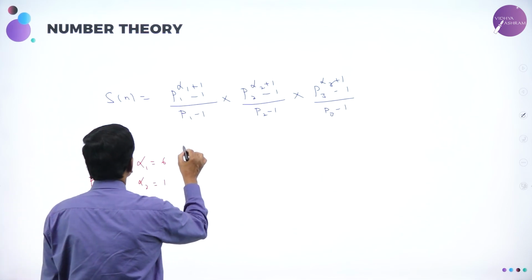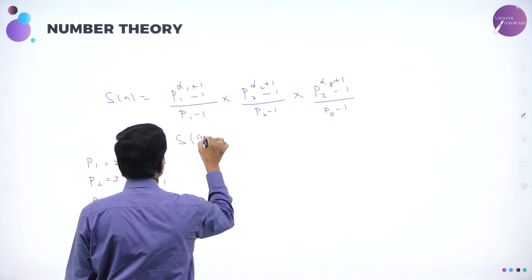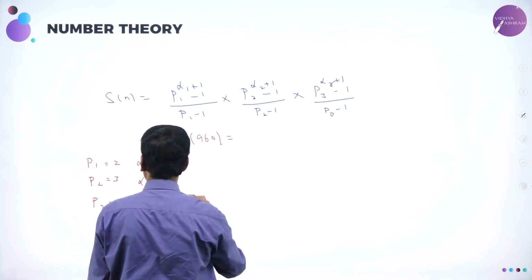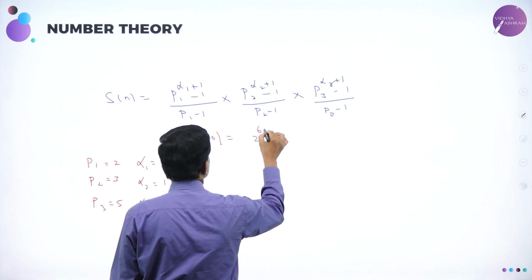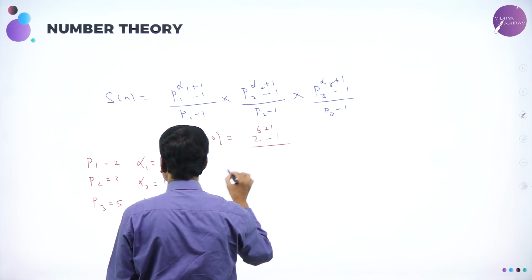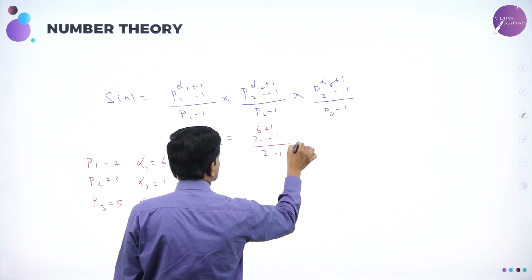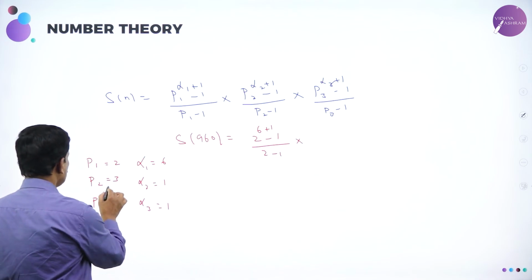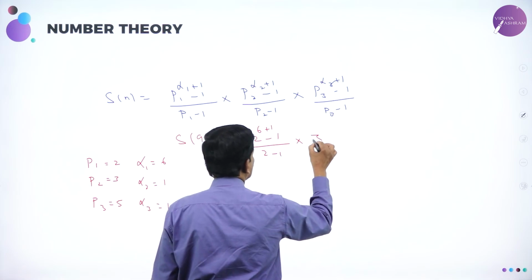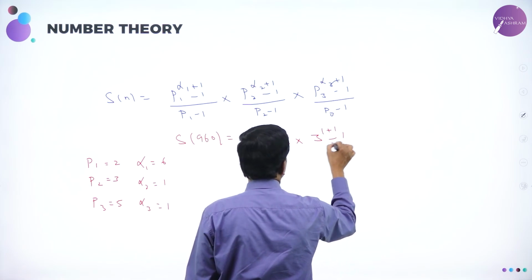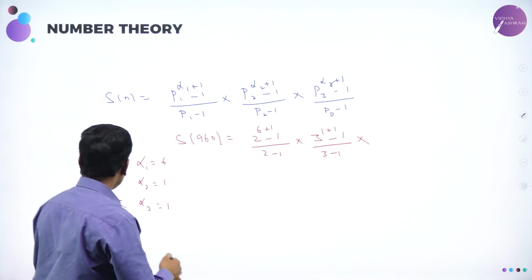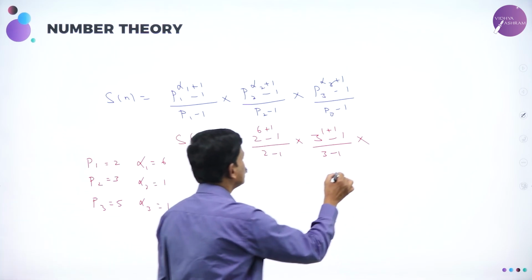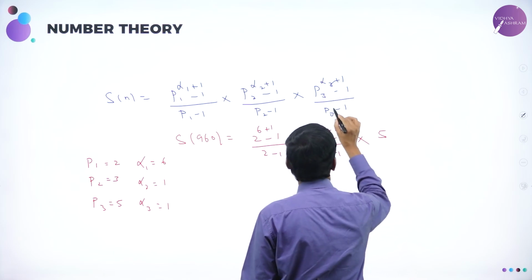Now simplify. So S of 960 can be written as P1, 2 to the power of 6 plus 1 minus 1 divided by 2 minus 1 into P2. P2 is 3, 3 to the power of alpha 2, which is 1 plus 1 minus 1 divided by 3 minus 1 into P3, 5 to the power of alpha 3.